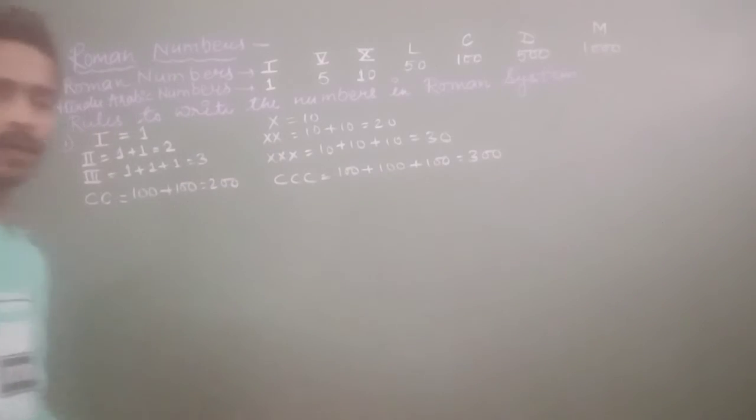So the letters I, X, C and M can be repeated but not more than 3 times. The letters V, L and D are never repeated.